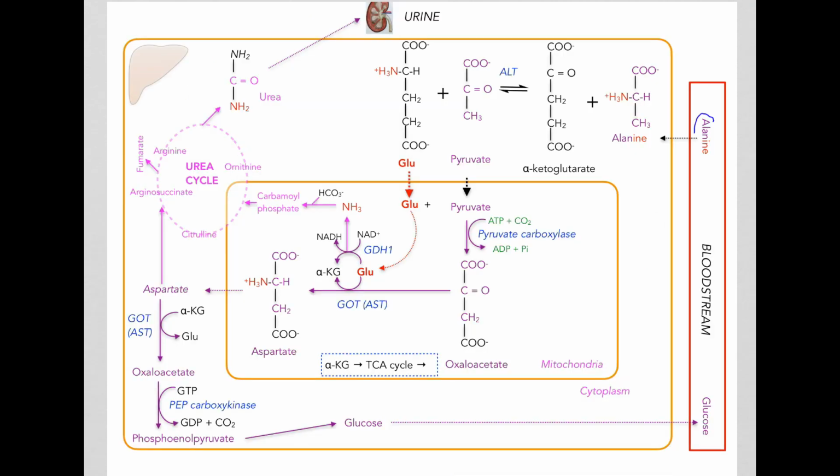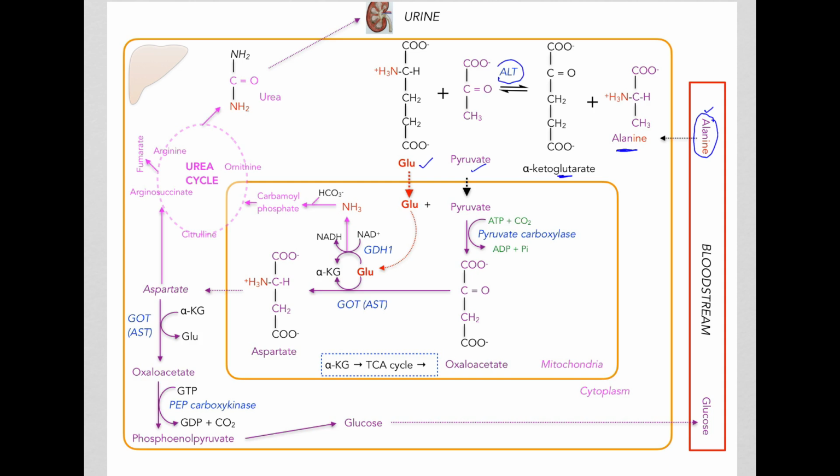So the alanine that comes from the skeletal muscles as well as other tissues, but predominantly from the skeletal muscles during starvation, will enter the liver cells, the hepatocytes, and there the alanine will react with alpha-ketoglutarate to form pyruvate and glutamic acid.